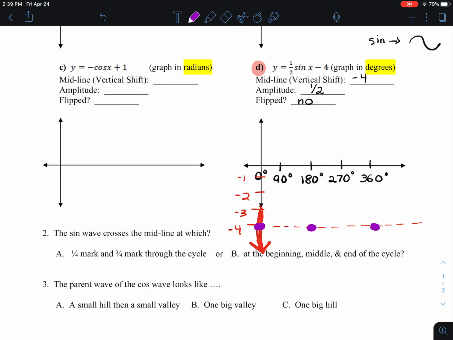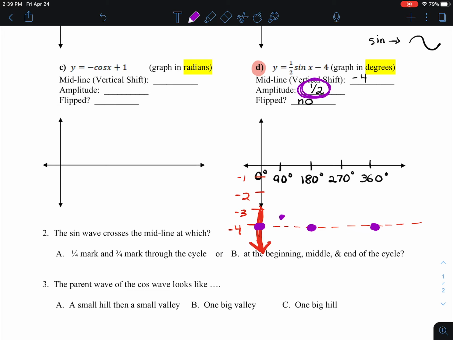Once again, imagine that you have your pencil floating above the midline at the 1/4 mark, which is the 90-degree mark. Typically, with the sine wave, that's when it goes up and makes the very top of that hill. And we said we're not going to flip this one. So I am going to count up, but look how little I'm counting. I'm just going up half of a unit.